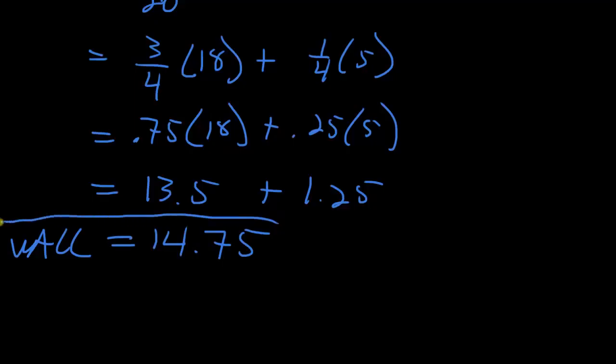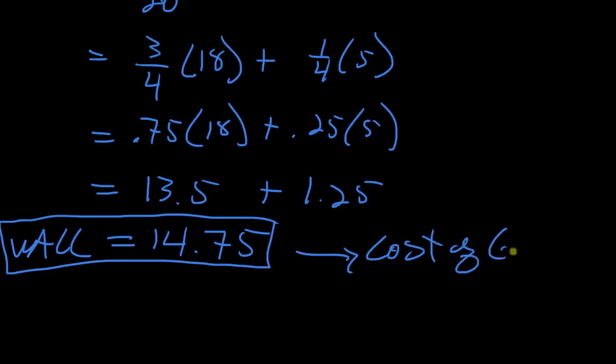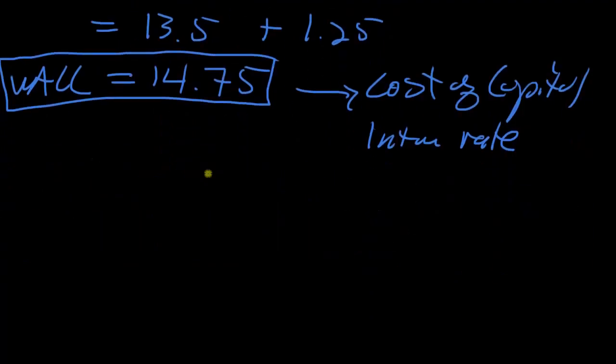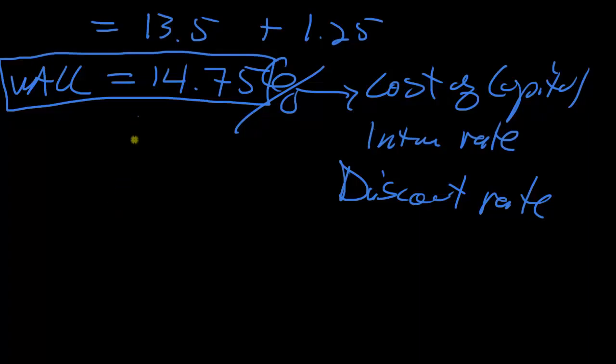And now that I have my WACC, I use this as my cost of capital, or my internal rate, which is the same as my discount rate, and I use this percentage to calculate net present value. That's where the percentage comes from.